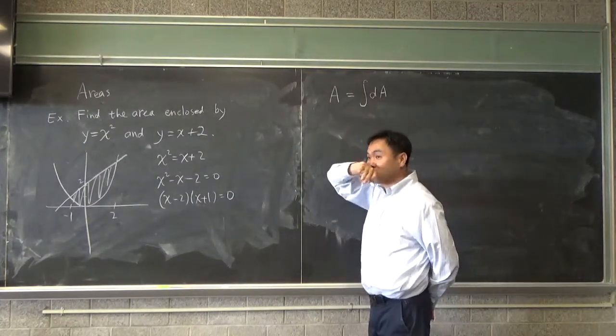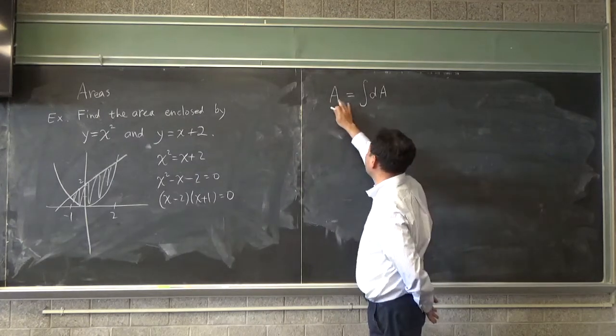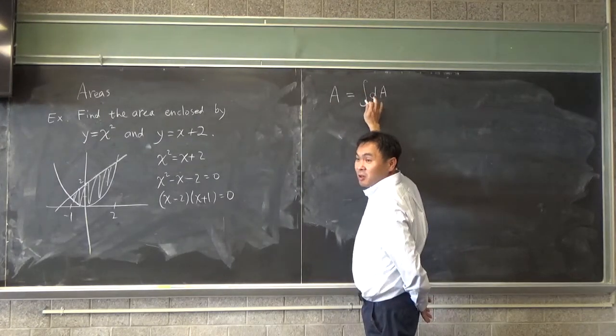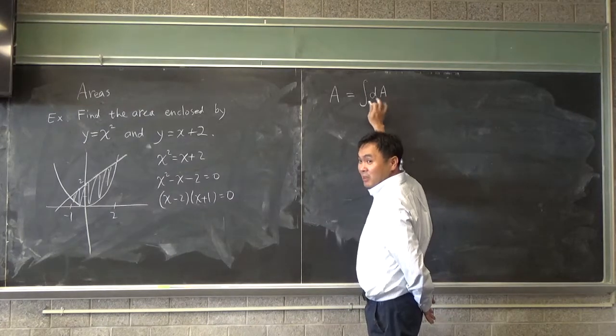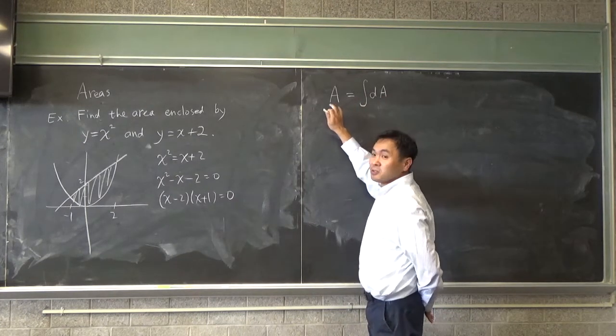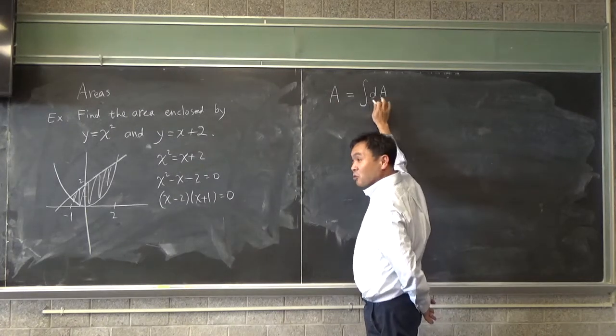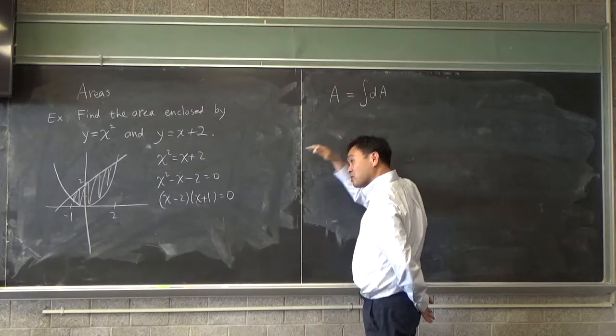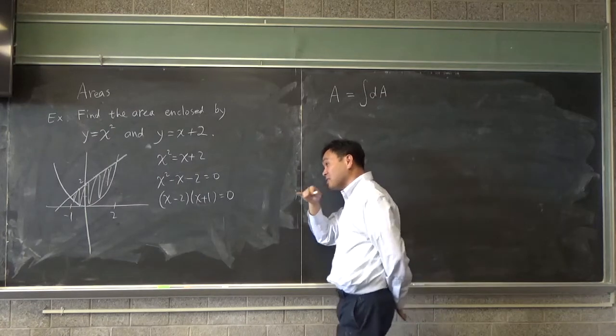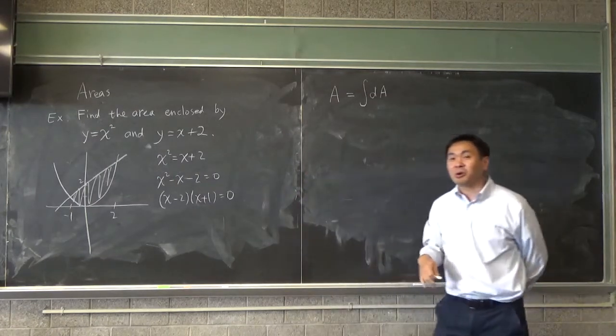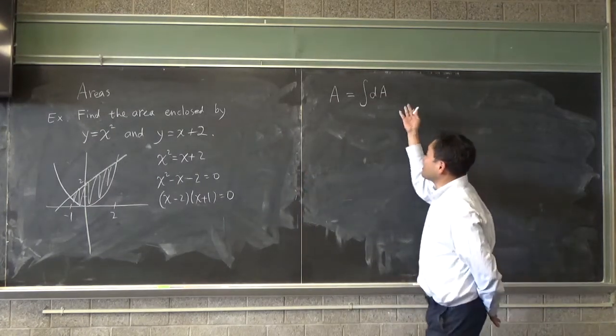In physics, sometimes you want to find the mass of something, and you say it's an integral of small masses. Sometimes you might have an electric field, and you have to add up all the small electric fields. You've seen that? E is equal to integral of dA in that class, right? Yeah. So it's a truism.